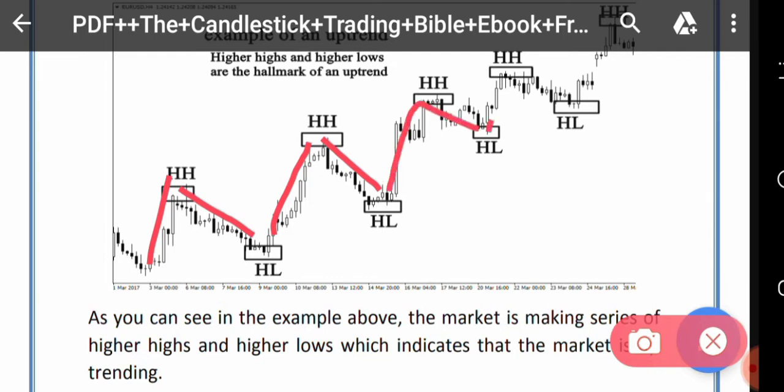It's a pattern, and obviously the price is going up. So once you see this on your chart, just know that this is an uptrend, a bullish market, and buyers are in control, and what we are looking for here is to buy. So we buy and buy hard. I hope this is clear.